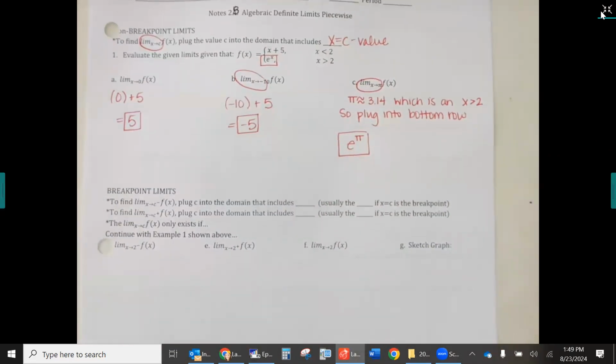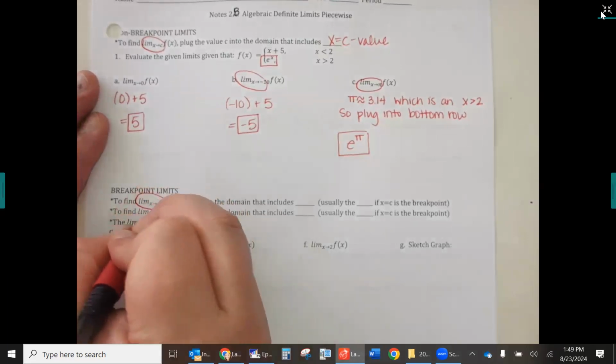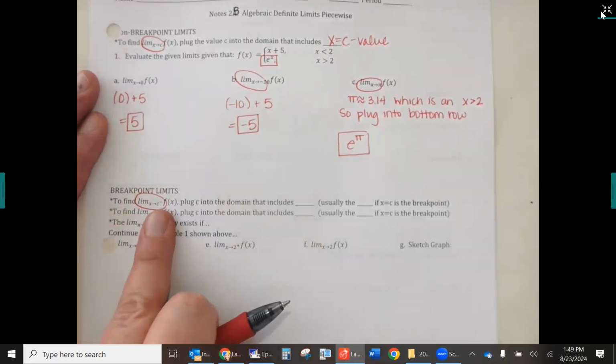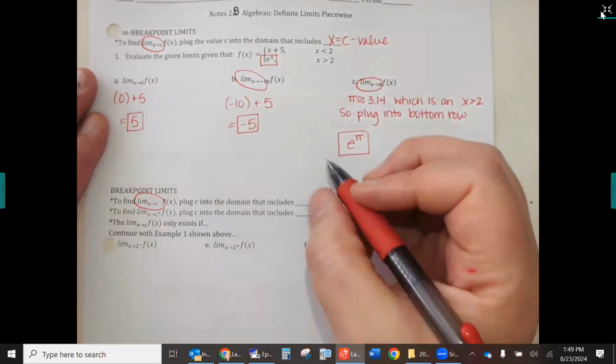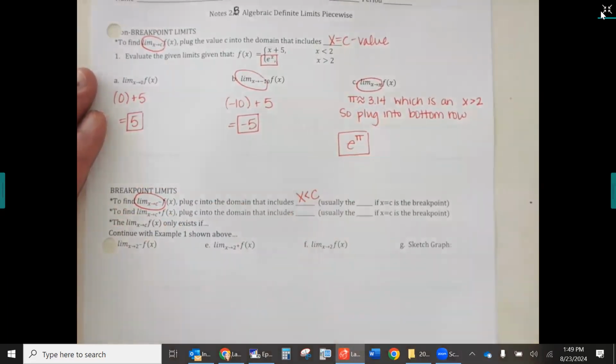Breakpoint refers to where you switch from one equation to the next. So in this example, your breakpoint is 2, because everything to the left of 2, I'm using the linear, and everything to the right of 2, I'm using e to the x. If you are approaching the breakpoint from the negative or left-hand side, you are going to use the equation for x less than that number.